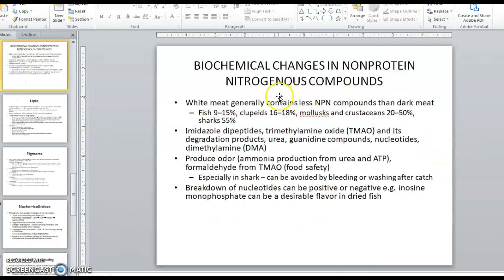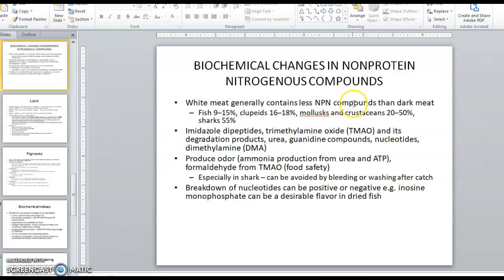Okay, so for the biochemical changes in non-protein nitrogenous compounds, white meat generally contains less non-protein nitrogenous compounds. There are protein nitrogenous compounds, which are the 20 or 21 amino acids, the essential ones, and the non-protein ones that are not within these amino acids.